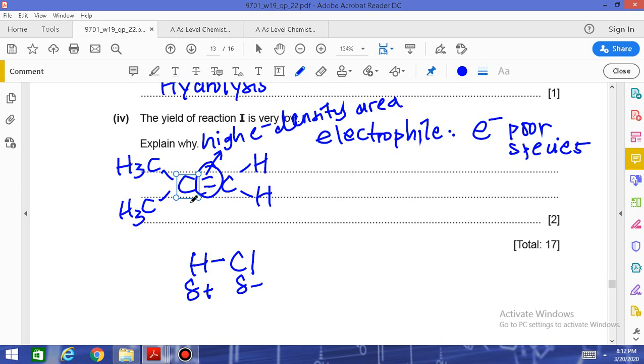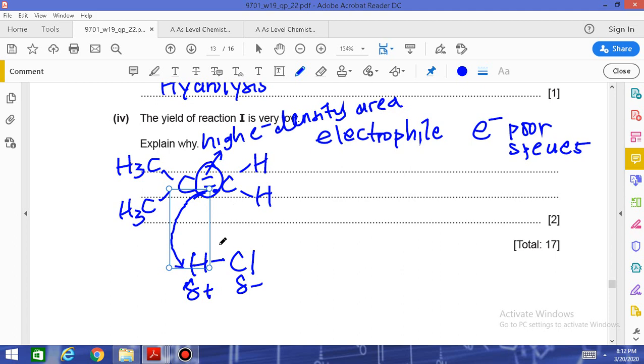Okay, so once again, the electron pair is donated to the hydrogen atom. The electron pair is donated from the electron rich species to the electron poor species. In this case, the electron poor species is hydrogen that has a partial positive charge.